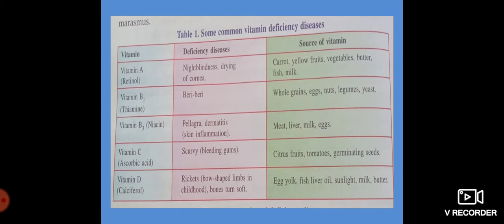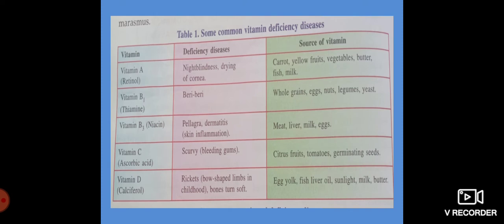So you have to study the name of the vitamin and the deficiency disease caused by it. Study like this: vitamin A, known as retinol, causes night blindness, drying of cornea, etc. Vitamin B1, known as thiamine, causes beriberi. Vitamin B3, niacin, causes pellagra and dermatitis.